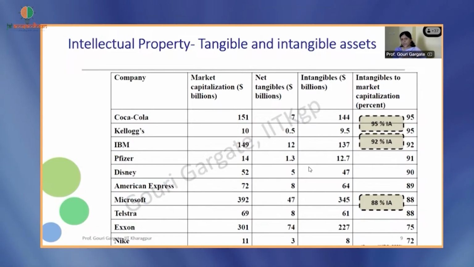But after 1980, there is a shift, and intangible assets like patent, trademark, copyright, industrial design, trade secret, protection of plant varieties, farmers' right, geographical indication, semiconductor integrated circuit layout design, along with goodwill, are taking a chunk, and around 95% of company or organization assets are intangible assets.